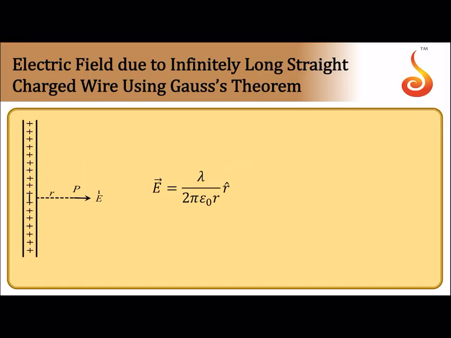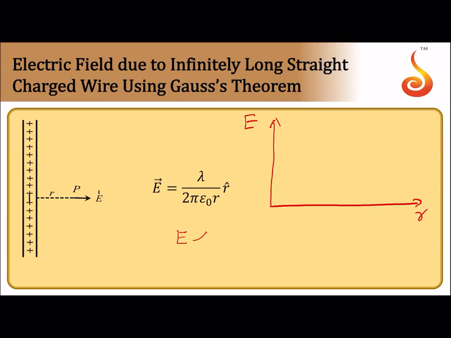Now let us try to do an important thing here. Suppose we consider representing electric field versus distance graph. This is R and this is E. So we are trying to draw E versus R graph. How do I do that? Simple.